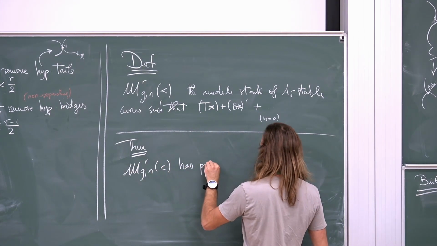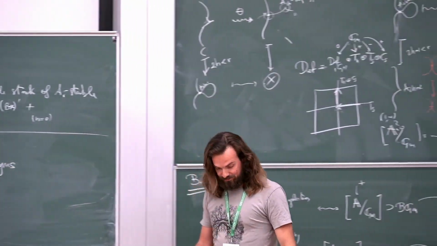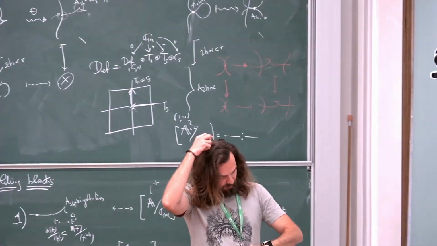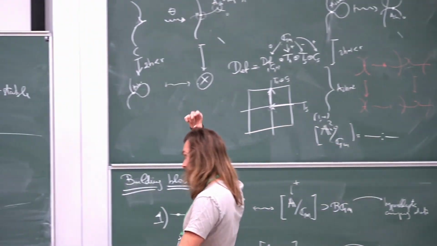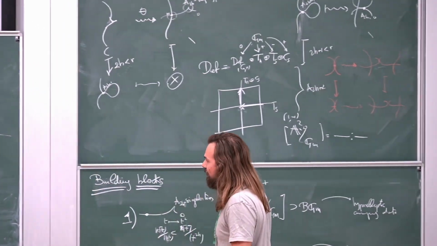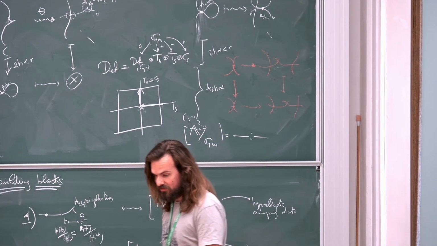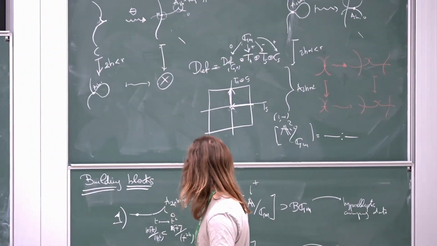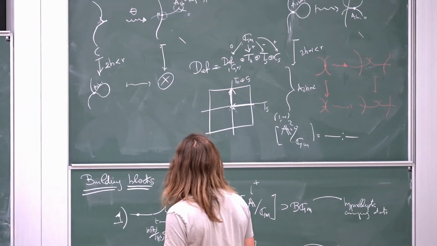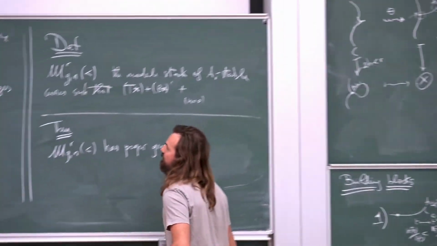So, okay, I will write down the theorem, which is that this stack has a proper good moduli space. At the beginning I was planning on giving a proof, or at least an idea, of Theta reductivity, and I will try. I thought it would take more time, but I will try to give an idea.